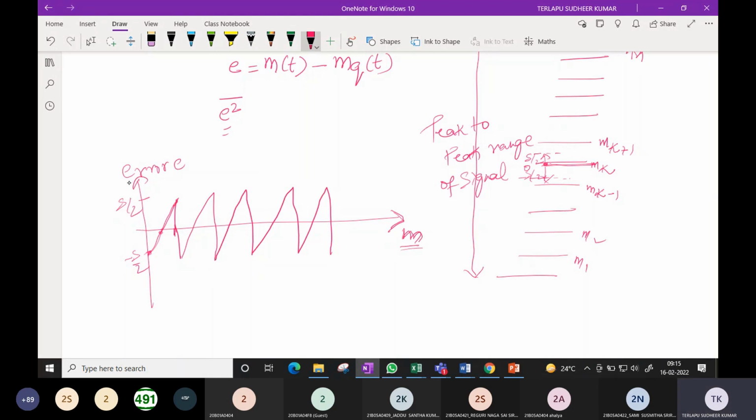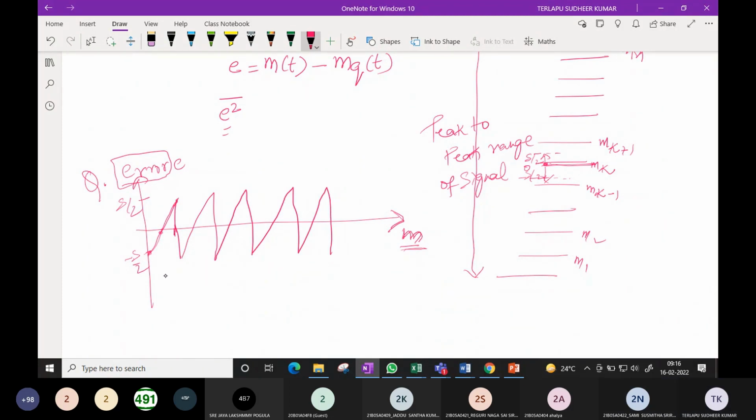So this is the error plot that we can expect with respect to the quantization levels. You take any quantization level, the minimum value is minus S by 2 and maximum value is plus S by 2. Is that clear? The pictorial representation of quantization error. Is this clear? Yes, sir. Okay, fine.